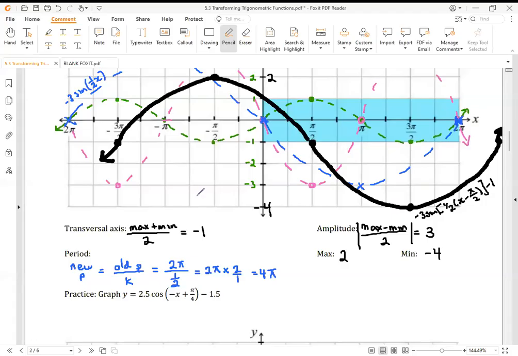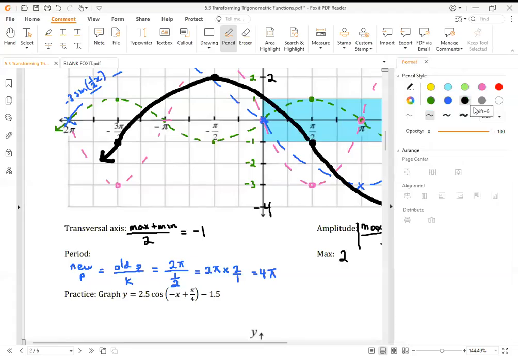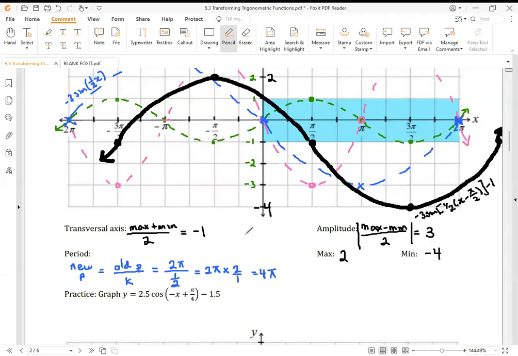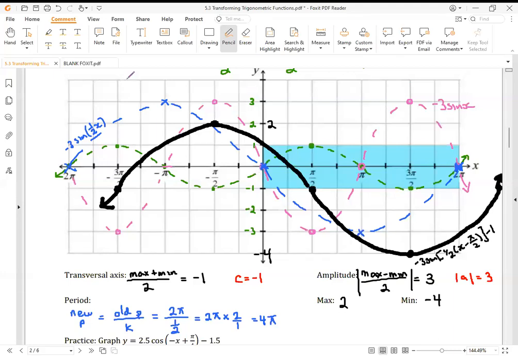All right, let's keep moving on. So something, I'm going to write it in red. Something you might notice is that the C, the vertical shift, is equal to the transversal. You might notice the amplitude is also A. Or sorry, the amplitude here is also the vertical stretch. The max and min we can calculate how? Just visually. If I know the midline is right here, and I know what the amplitude is, that's right.